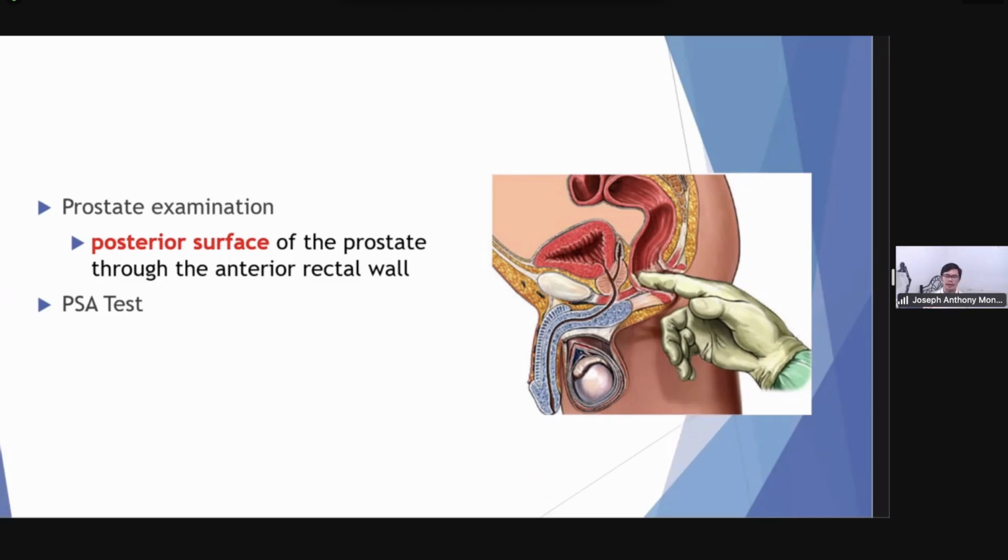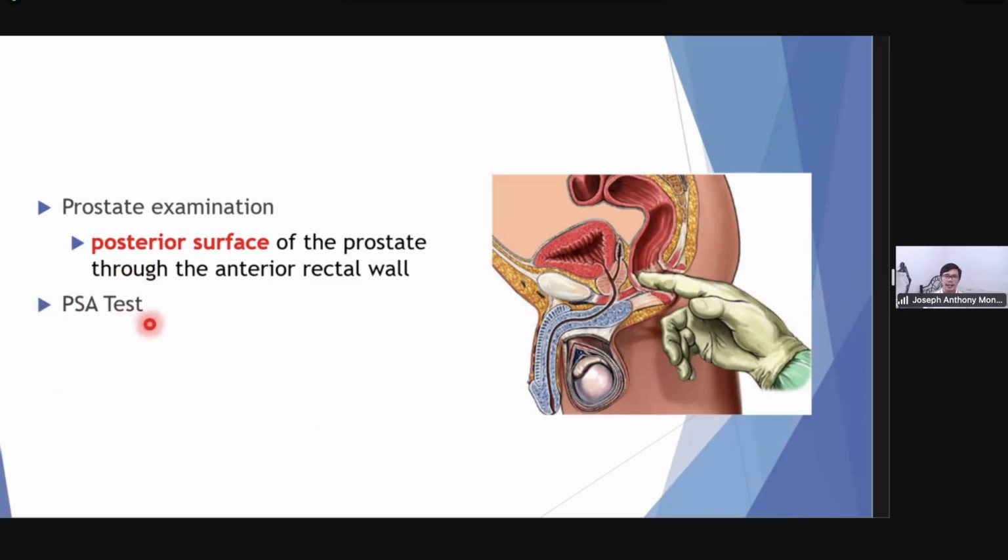We also have the so-called prostate-specific antigen. There is a trace amount of protein produced specifically by the prostatic epithelial cells that is present in the peripheral blood. In certain prostatic diseases, notably cancer of the prostate, this protein appears in the blood in increased amounts. So if you are entertaining prostatic malignancy, aside from doing your physical examination, you could request the prostate-specific antigen.